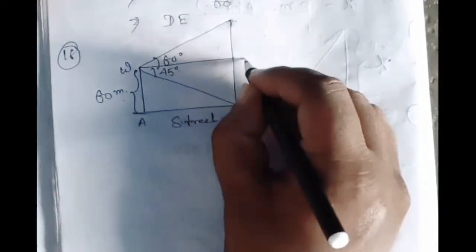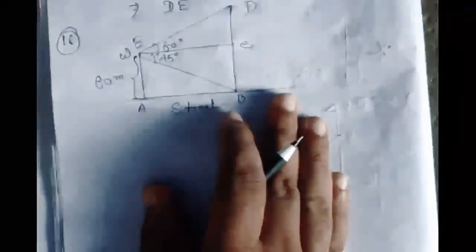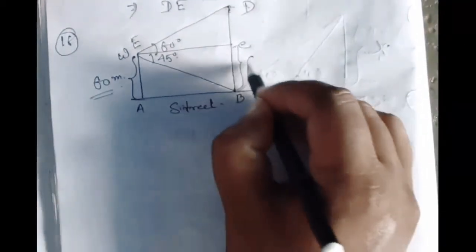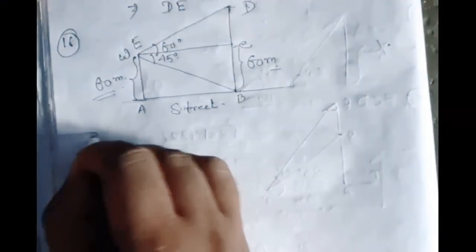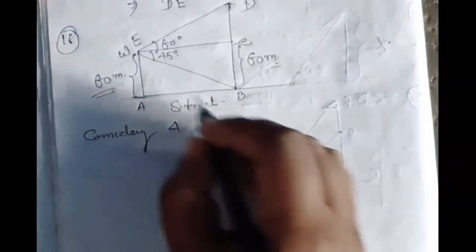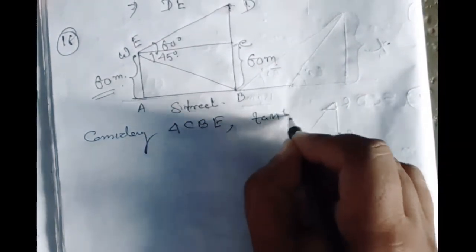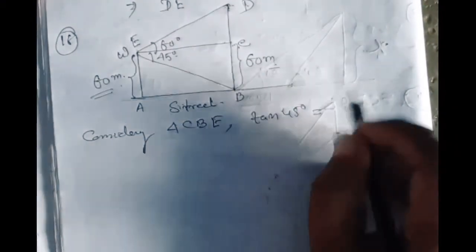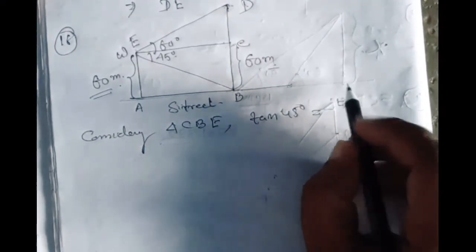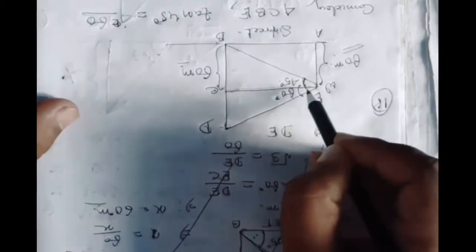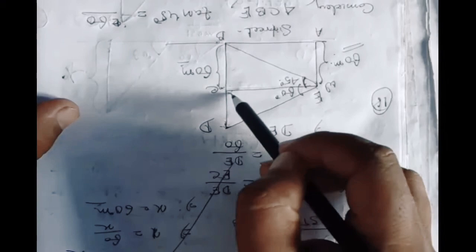I am naming the points A, B, C, D, and here E. Since this is 60 meter, not degree, considering the triangle CBE, tan 45 degree is equal to BC by EC.